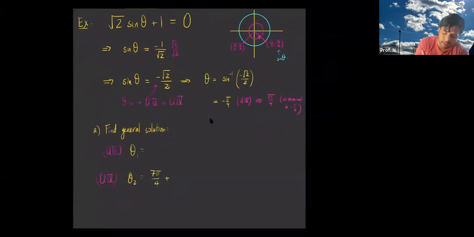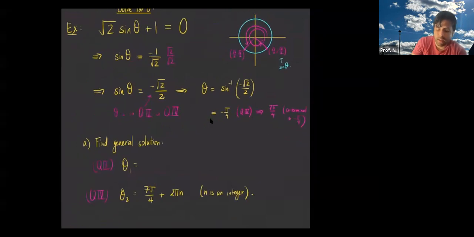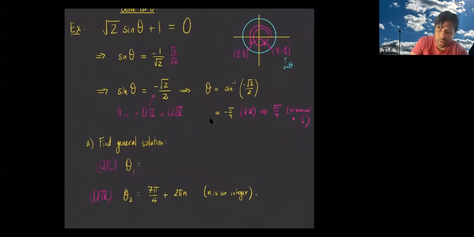7 pi over 4, and then I'm going to add 2 pi n, where n is an integer. And now what's the angle in the third quadrant that is associated with having a y coordinate, or the sign, being negative rad 2 over 2, if I know the reference angle is pi over 4?